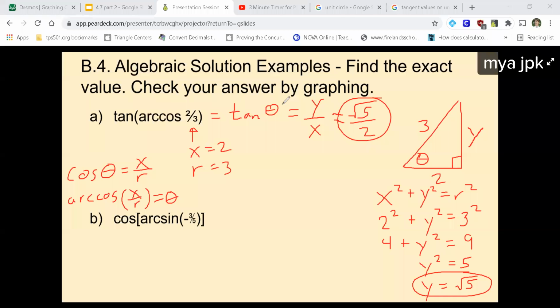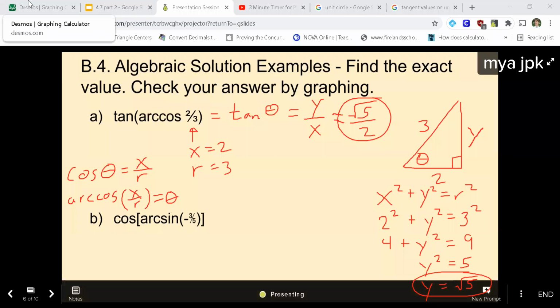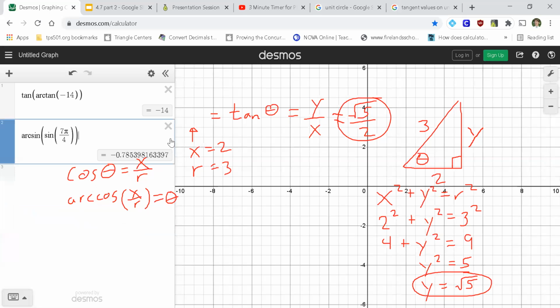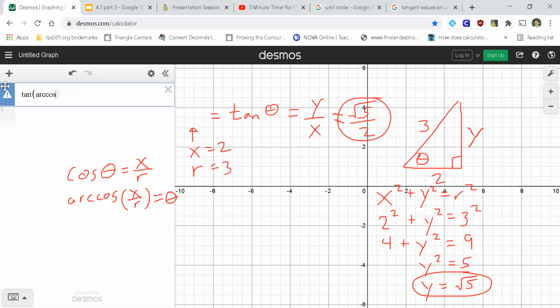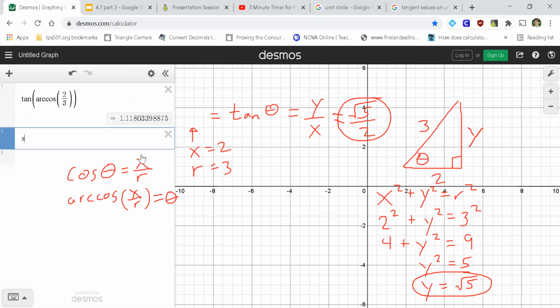And again, the nice thing about these problems is you can quickly verify your answers in the calculator. If we type in the tangent of the arc cosine of 2 over 3, you get 1.118, which is the same thing as the square root of 5 over 2.